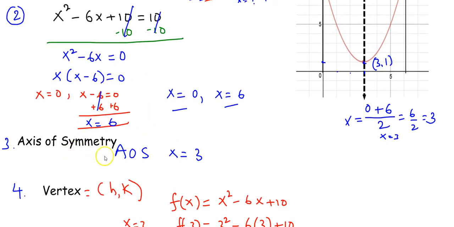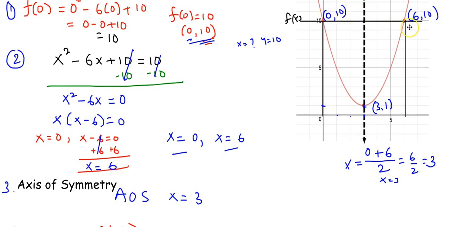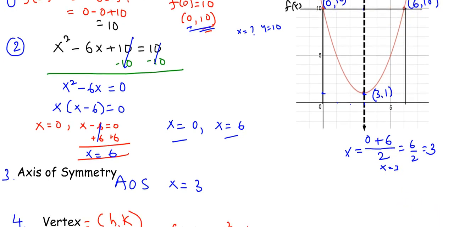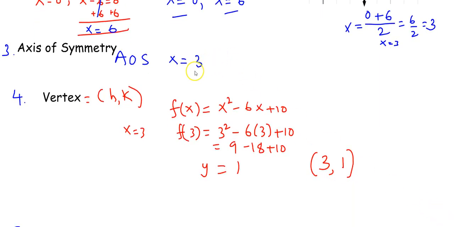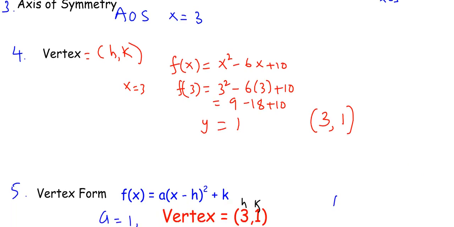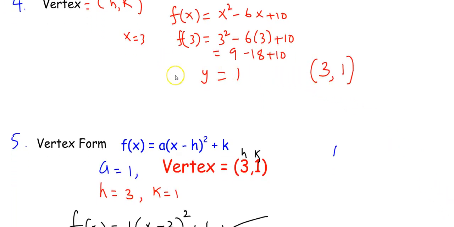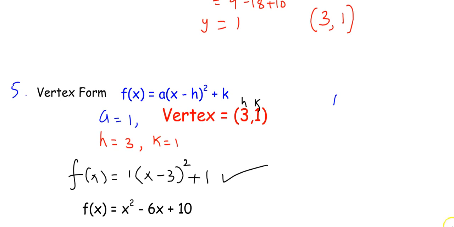Now third step, find the axis of symmetry, which is the average of the two x values here, 0 and 6. Substituting that axis of symmetry in the given function for that value of x, you end up getting the y value, right? And that x and y makes a vertex, just 3, 1, and substituting this vertex in this formula, we have your final answer.